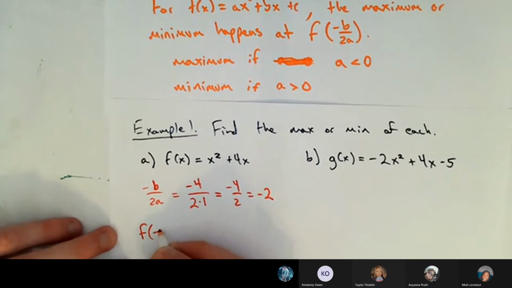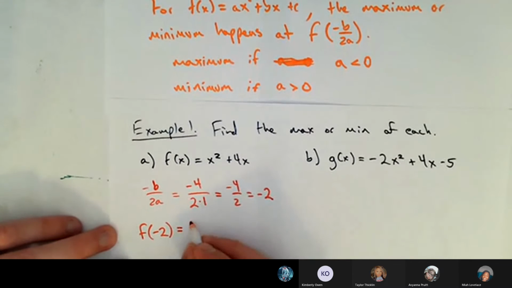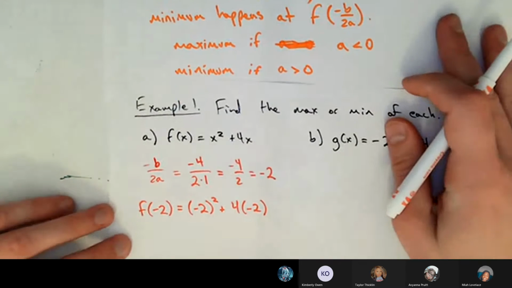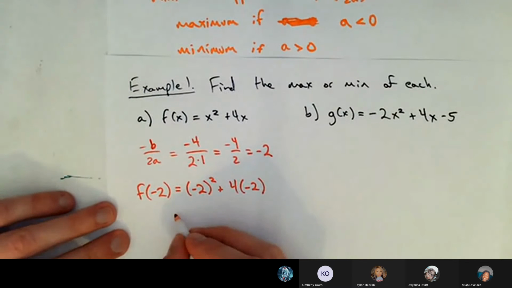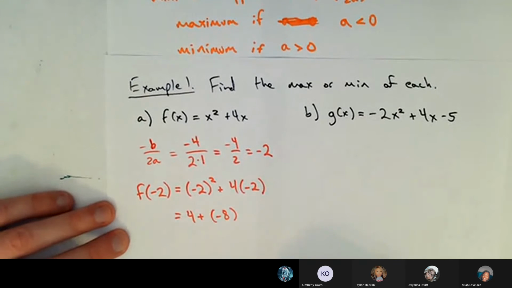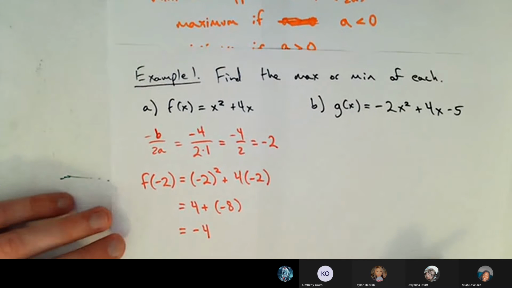So then I say f at negative 2, and I literally just plug it in. Negative 2 squared plus 4 times negative 2. So that's going to be 4 plus negative 8. I could have just said minus 8 there. That's okay. And then that's giving me negative 4.